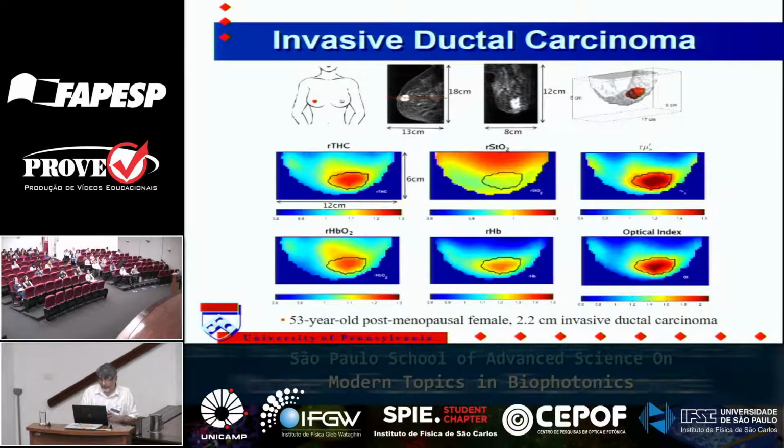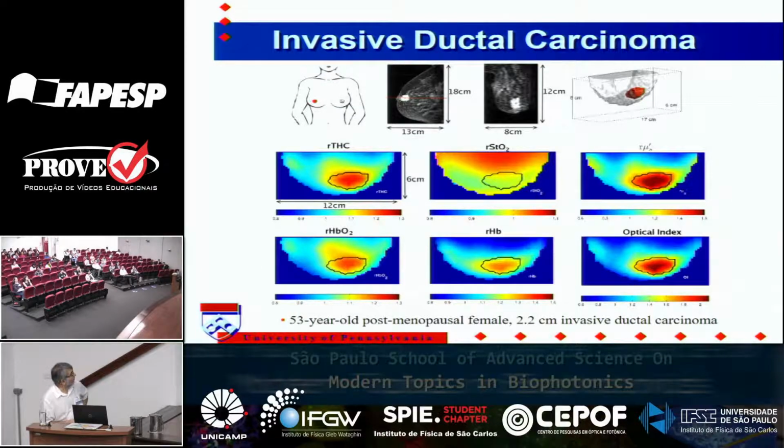Here's another image. This is now just the slice where the tumor is the biggest, in the middle of the breast. This is an invasive ductal carcinoma. These are MRIs of it. And you can see there's a large contrast. When I put an R, that means the relative change of total hemoglobin concentration, the tumorous lesion compared to the background, okay?